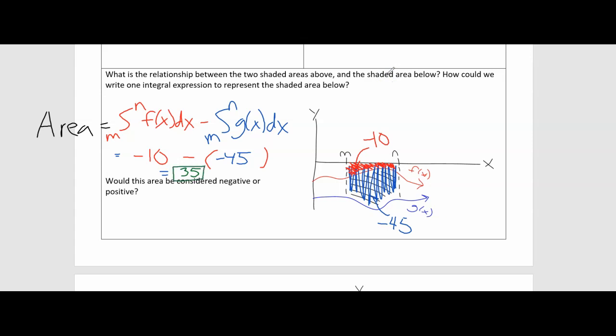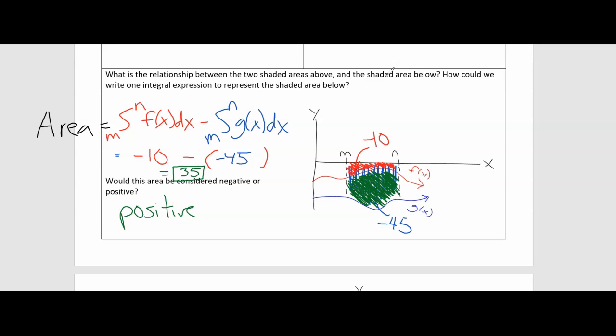I did tell you that the area between two curves is always going to be positive. So this right here, our final area, this area in green, the area between the red and the blue curves, that is going to be a positive area, which makes this equation make sense.